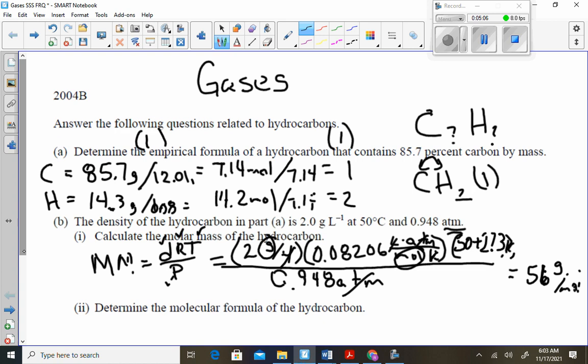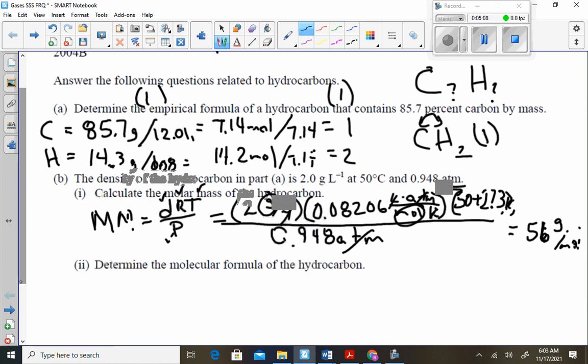Now, the last part says determine the molecular formula, or the actual formula. We know the simplified empirical formula is CH2 and the mass of the non-simplified is 56 grams per mole, so we can take the mass of the empirical formula and figure out the factor by which it was simplified.